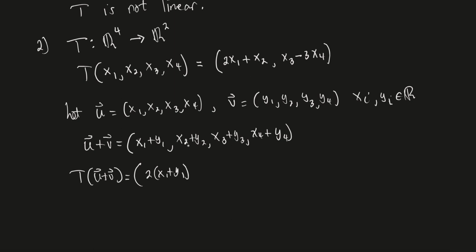So plus (x2 plus y2), comma, and then it says take the third component, which is x3 plus y3, and then minus 3 times the fourth component. So minus 3 times (x4 plus y4).